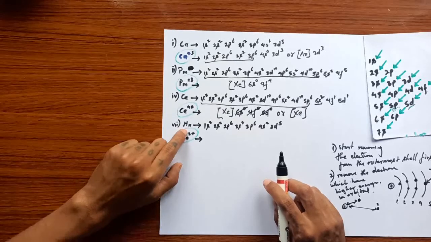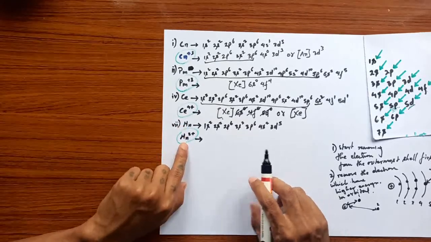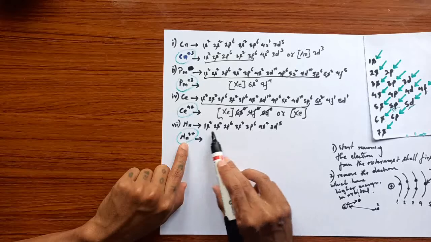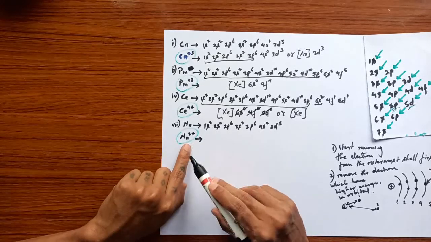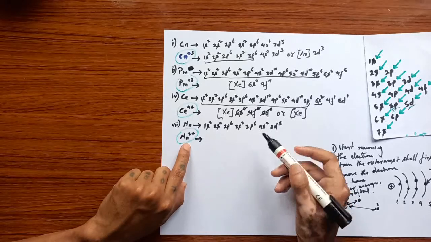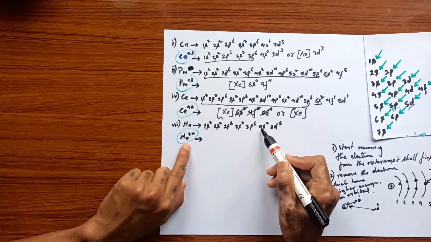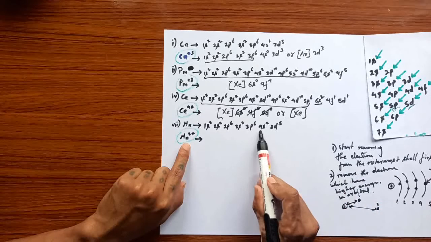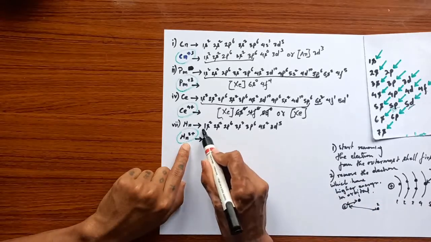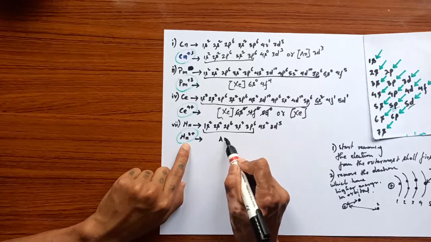Let's take a look at the last one, manganese, and the actual electronic configuration of manganese looks something like this. Now Mn2+ means we have to remove 2 electrons from here, so we just remove from the outermost electrons first. So remember these two steps always. And so what we're going to see is from here to here is argon.